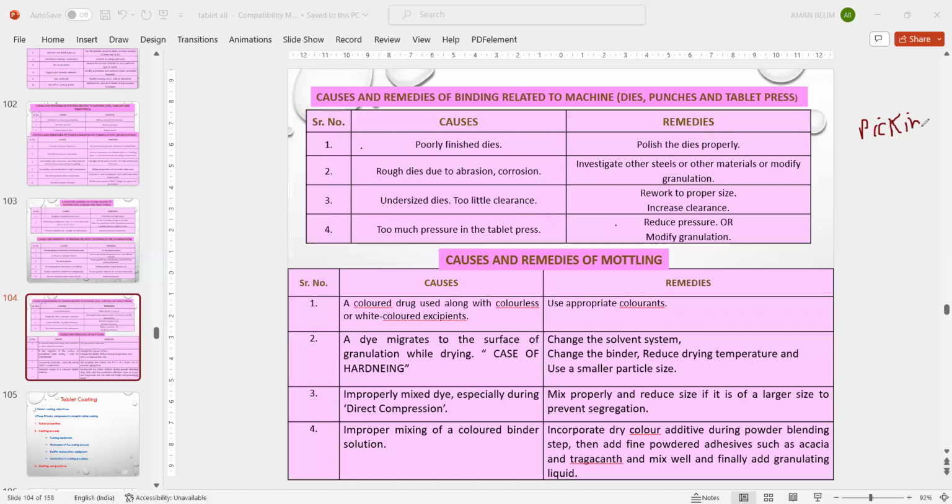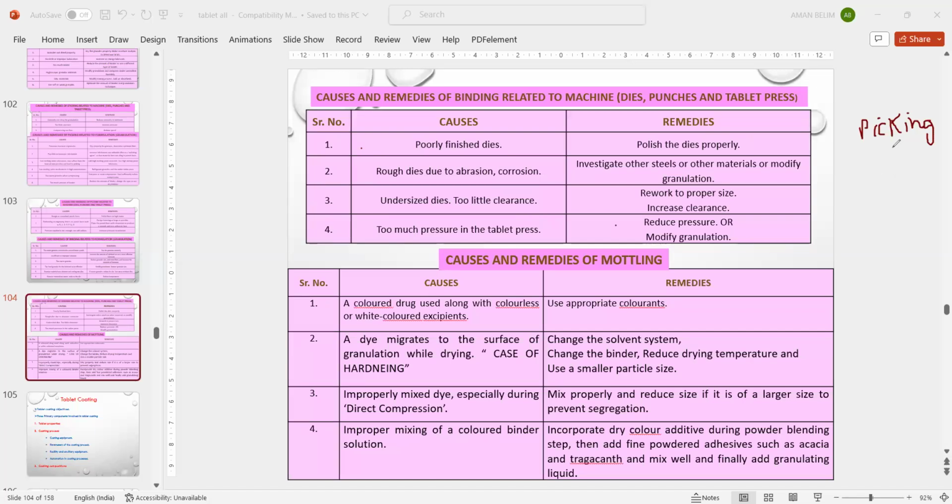As I discussed in yesterday's lecture, picking is because of the embossing or engraving. Embossing and engraving is simply an imprint of a company's logo on the tablet, and that is due to the embossing or engraving on the punch.